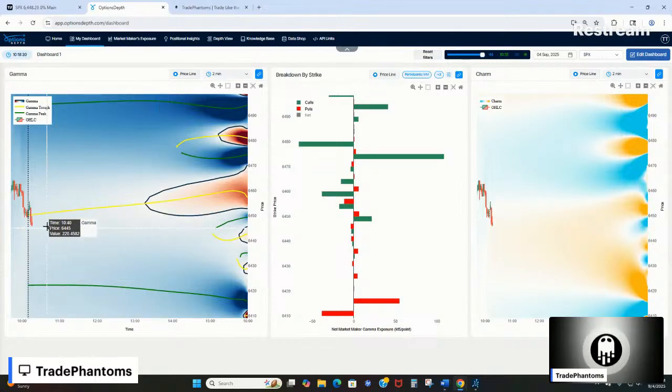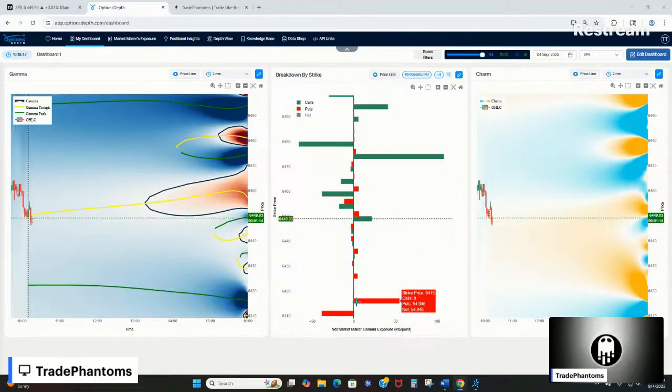And in terms of gamma, $64.25, $64.30. One ounce of theory on IG: the SPX 64.25, 64.30 is not as significant as something like the 64.15, 64.10s.